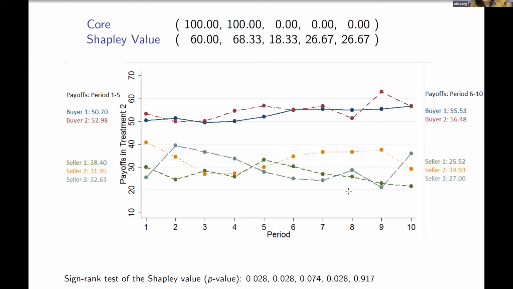At this time, the predictive power of the Shapley value seems to decrease. If you again take the last 5 periods for statistical tests, you will find a significant difference between the Shapley value and the obtained payoff, except for seller 3.